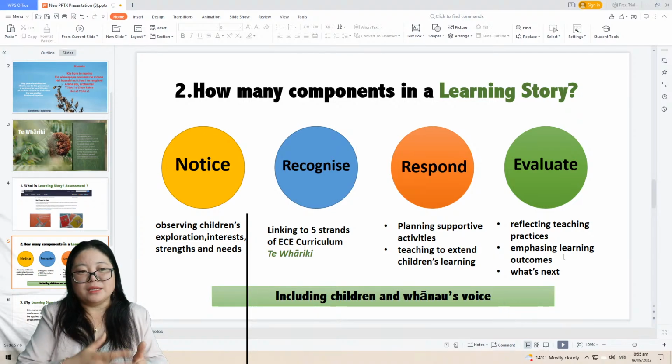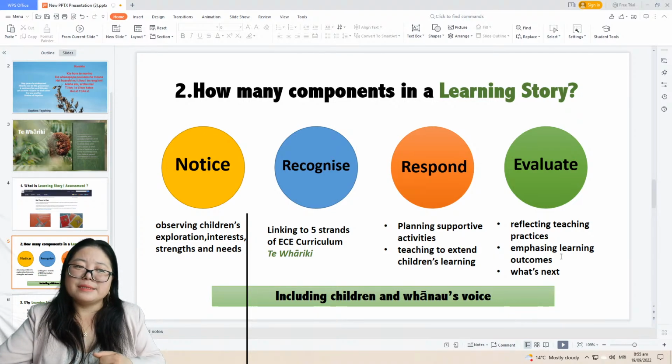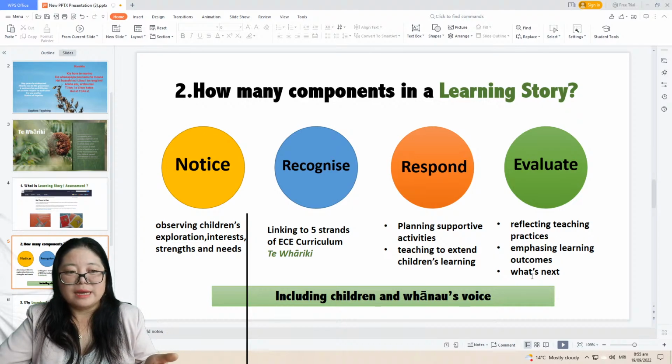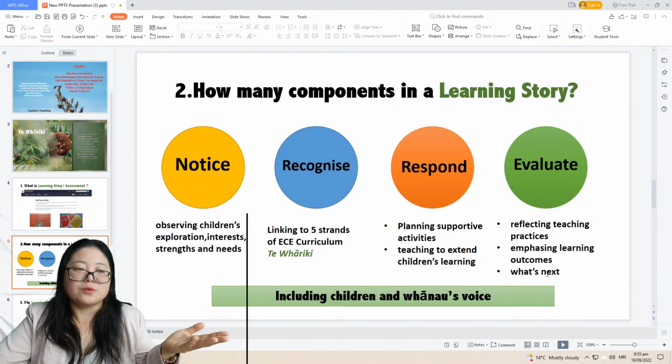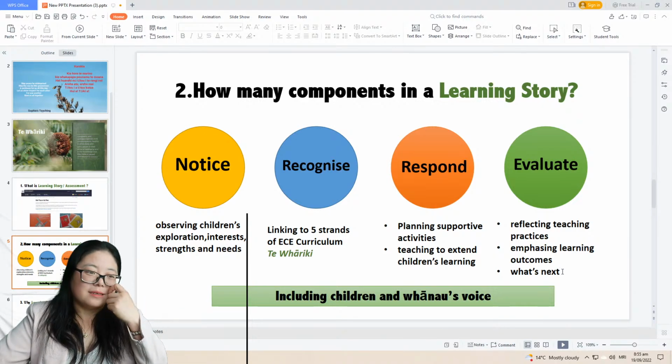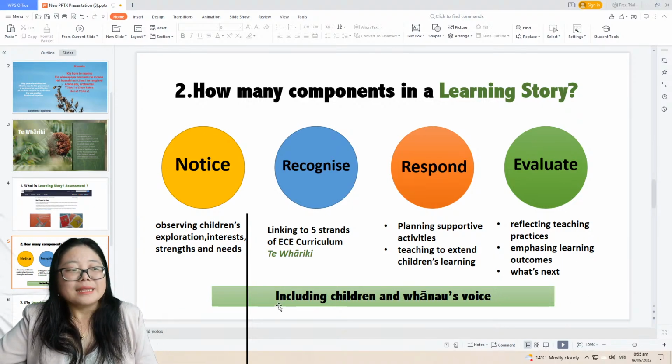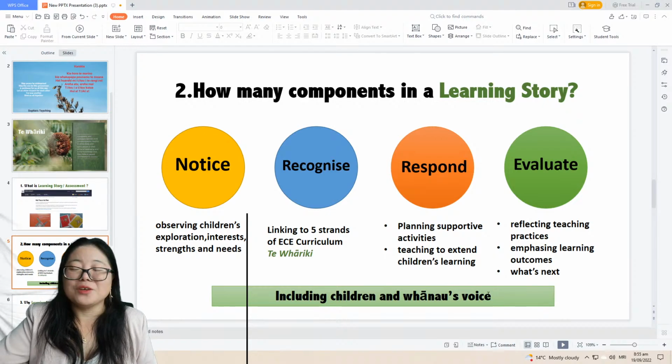I would like to give you an example later of which part I use to end the learning story. Sometimes you can write what's next. The main point is don't forget to include the child's and the family's voice in your learning story.